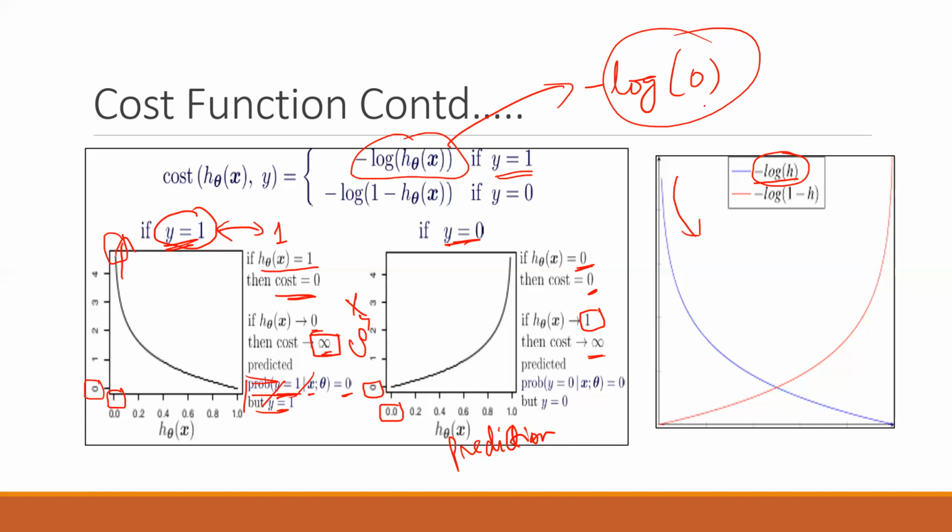Obviously if you were, let's say, getting answer for log 0, 1 minus h will be opposite, right? It will be log 1. So kind of 1 minus h, if you do, so you put here the value of 0, so it will be log 1. So they are kind of opposite of each other, but the flow is in this way that we have to take care of the cost function.